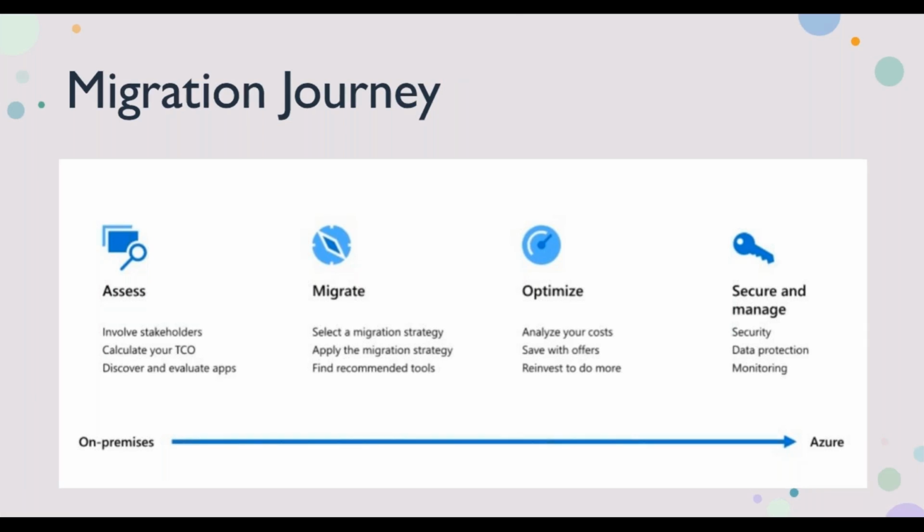In the journey you can see that the first thing is assessing, to understand what we have in our home, whether we are ready for doing a migration, whether we have everything in our hand, what the cost for migration will be, what will happen if I do a migration. Those kinds of things are assessed to find out whether I'm a fit or not to prepare for the migration.